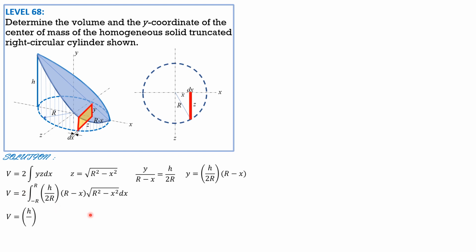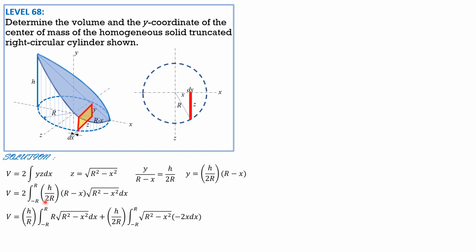Cancel 2, so volume is h over r, integral from negative r to r, expand, so r square root of r squared minus x squared dx, then plus h over 2r, this one, supposedly h over r, but I'll just make it h over 2r because I multiply this by 2, and supposedly minus, but I just make it plus because the minus sign is here.